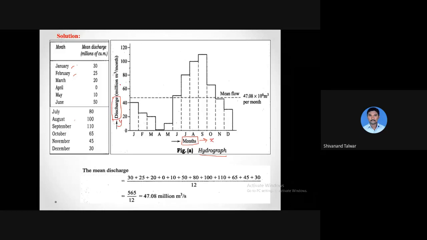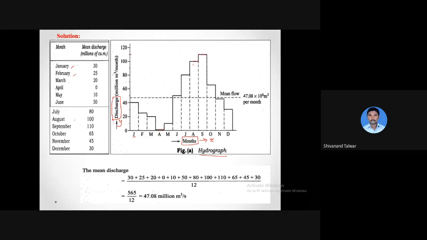January is 30, February is 25, March is 20, April is 0, May is 10, June is 50, July is 80, August is 100, and September is 110.